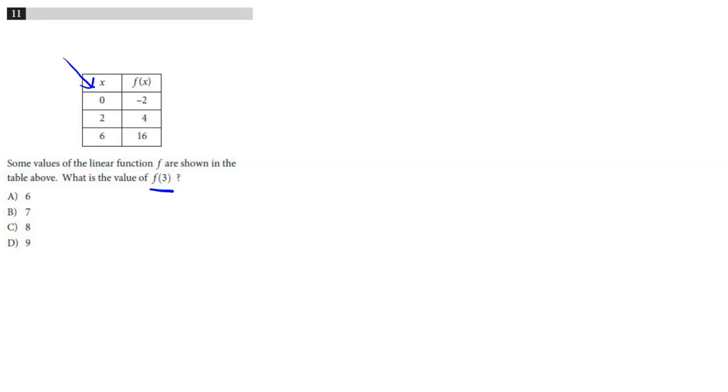I'm going to try to find the equation of the line because I think it's the most powerful. If I look at the x's and the y's, and this is my strategy on a lot of these, I'm going to try to find the slope by doing change in y over change in x. The change in y is increasing by 6, from -2 to 4 is 6.